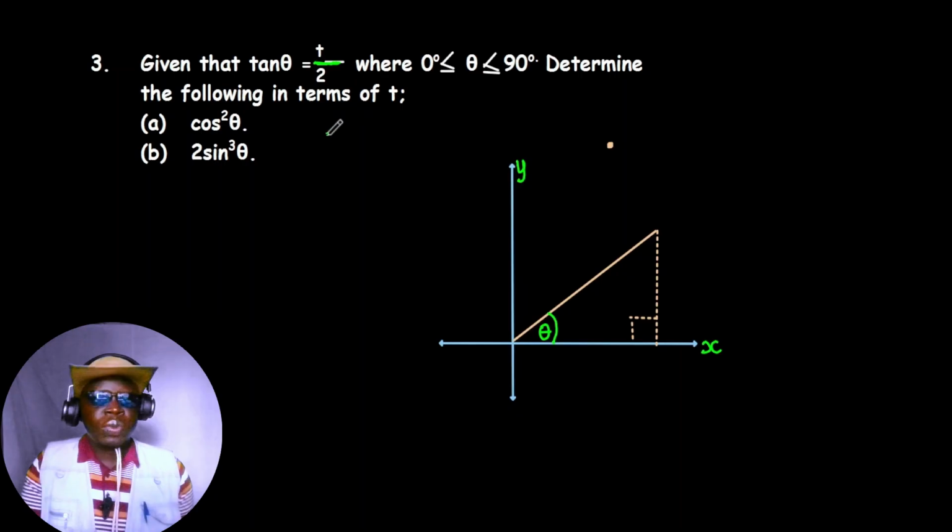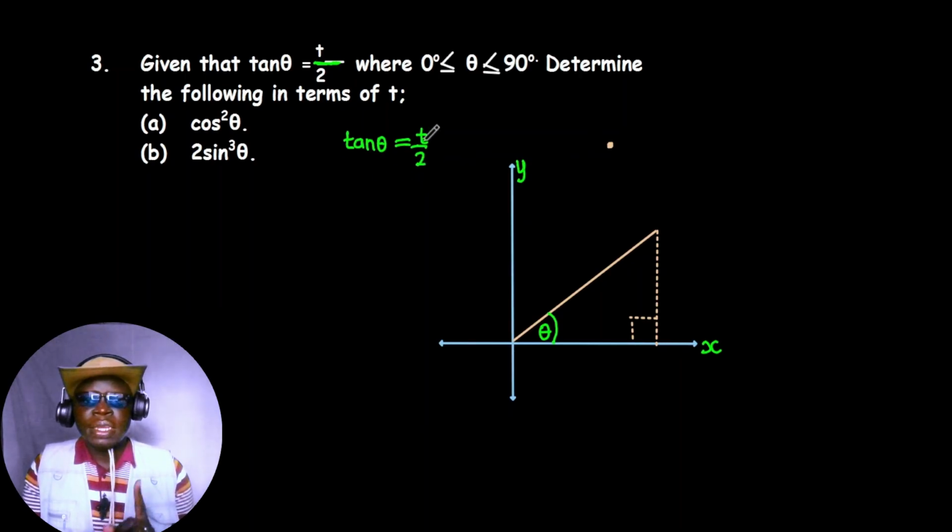So according to what we have here, tan of our angle theta is given by t over 2. From the definition, tan is given by opposite over adjacent. So our opposite according to this diagram is t, then adjacent is 2. So we are missing r. Now let's find the value for r from here, and that is r square equals x square plus y square.